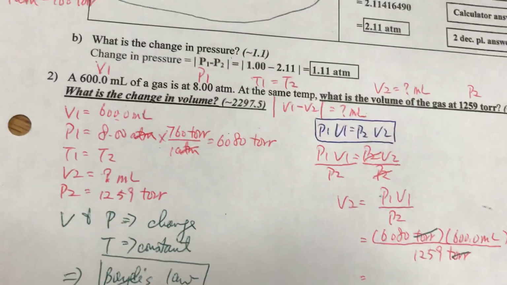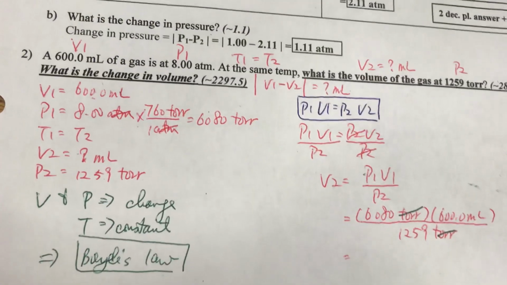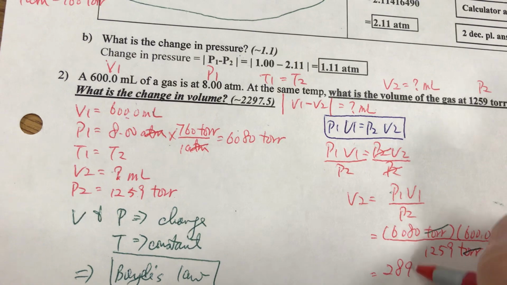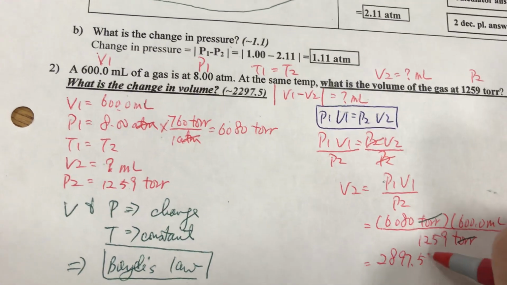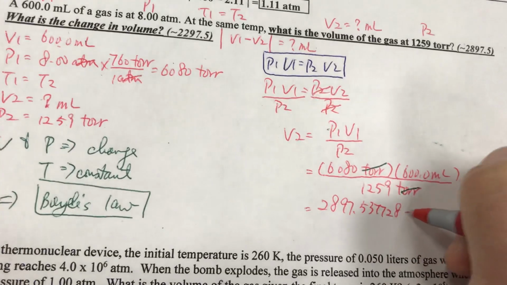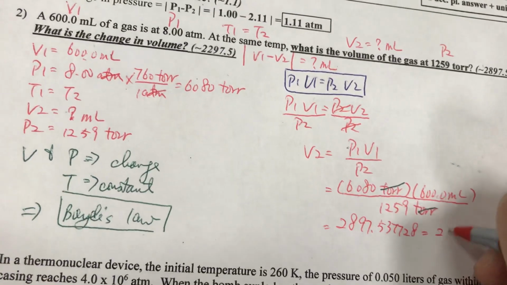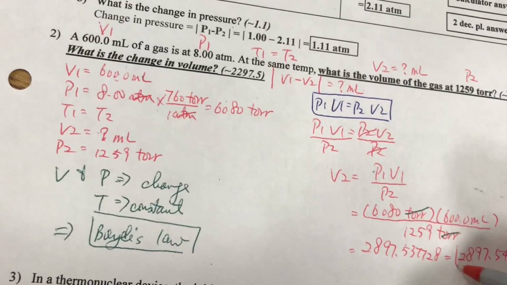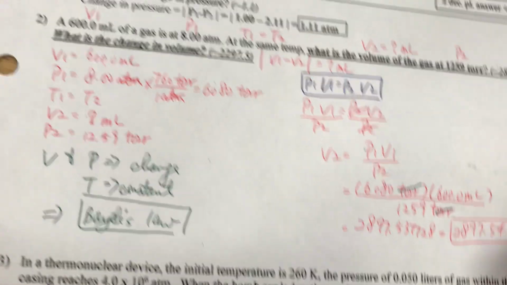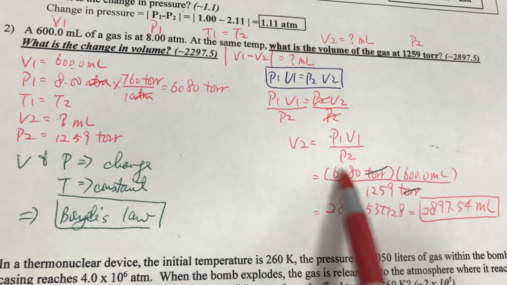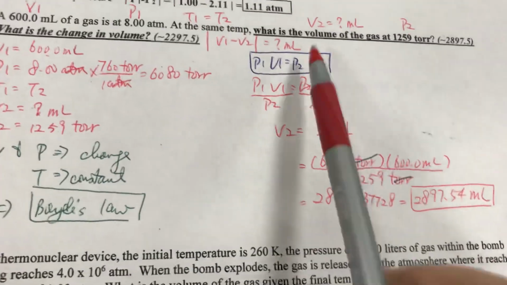After you do your math, it will be 2897.537728. I'm going to round to two decimal places, so it will be 2897.54 ml. This is actually my V2. What is the volume? I'm looking for my V2. That's the part A answer.